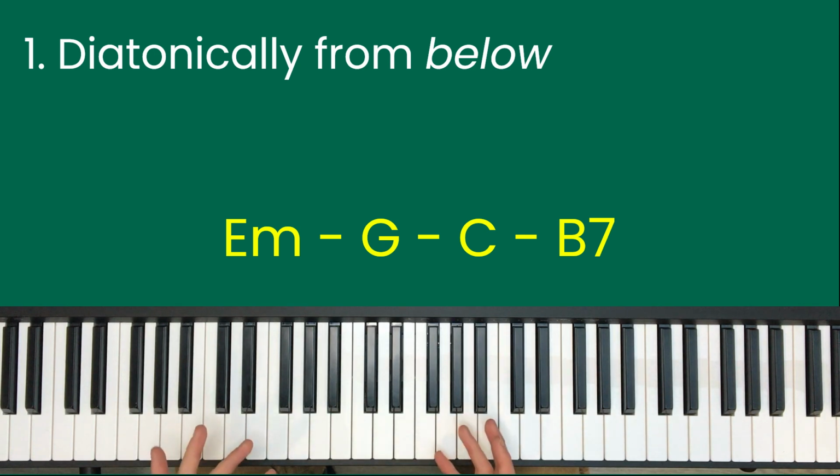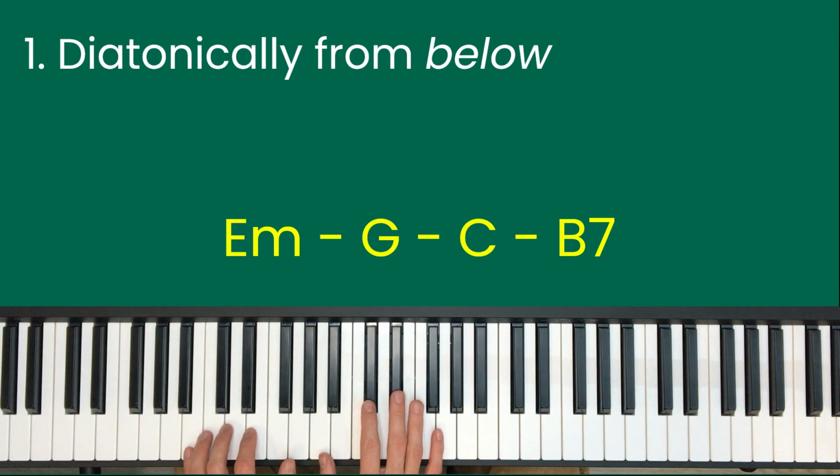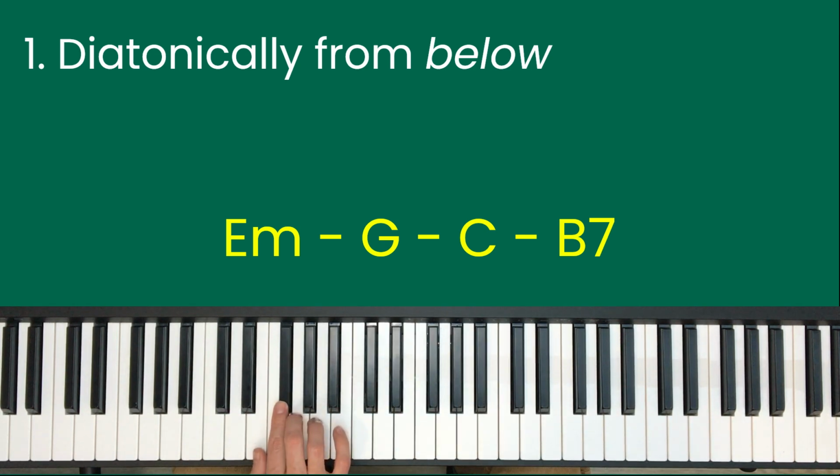However, as often happens in my progressions, when we get to the B7, we get this leading tone that gives us our harmonic minor scale. But for the sake of argument, when we're talking about diatonically, we're talking about the scale of E natural minor. So we're approaching these chords diatonically from this direction.